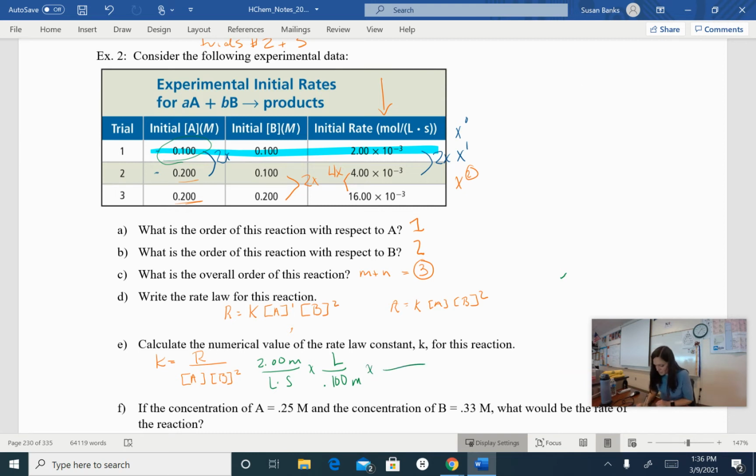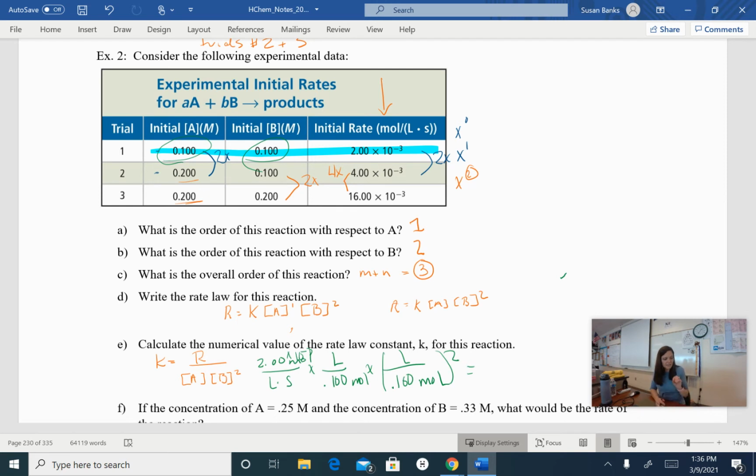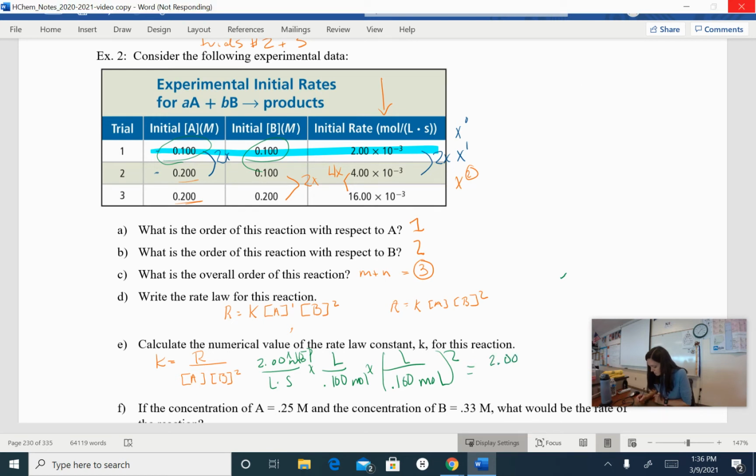And then my concentration of B is 0.1. I'm going to just put in the mole per liter, and we've got to square this one. Okay? So I'm going to take 2 times 10, oh, that should be times 10 to the negative 3. So when I do the math on that, I get 2. Now I have 3 sig figs on each of my numbers, so this is going to actually be 2.00.